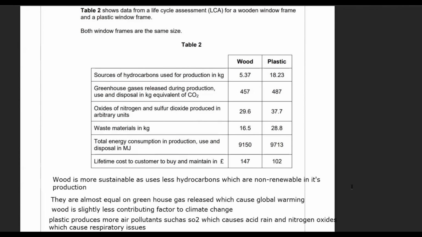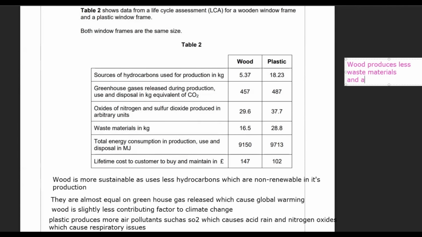Now, so far it's all looking like wood is far better. Waste materials in kilograms. Again, it's looking like wood all the way through here, isn't it? Wood is better. So wood produces less waste materials. And let's be honest, the waste materials from wood are likely to be biodegradable.